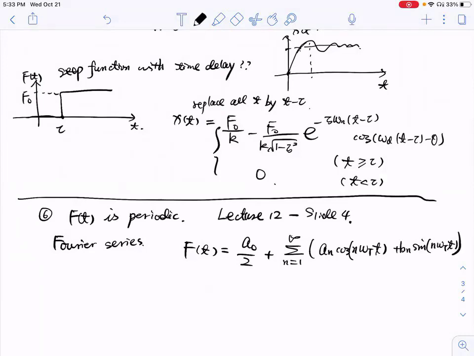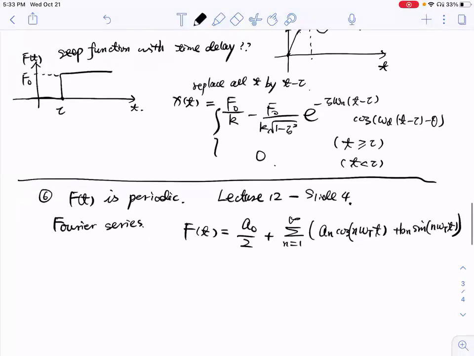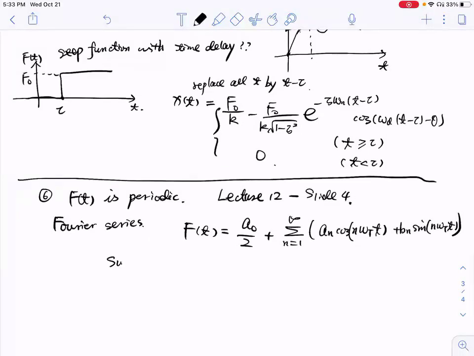So each periodic force can be decomposed into a lot of harmonics, all right? That means if you use superposition, you just have an infinite number of harmonic excitations.